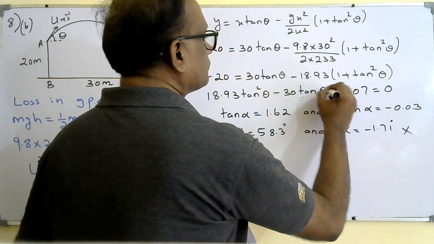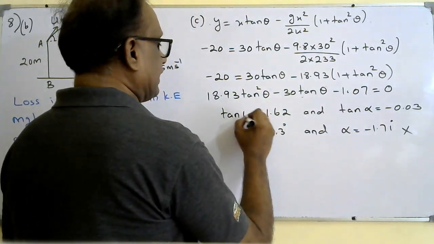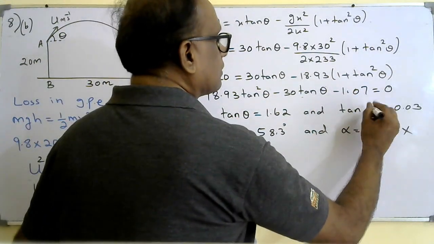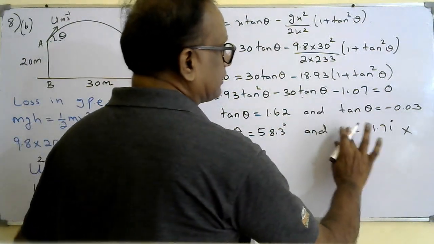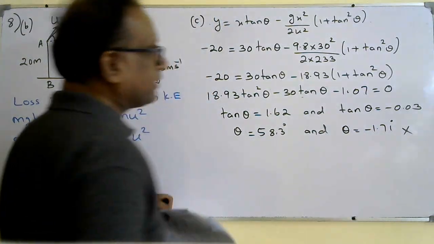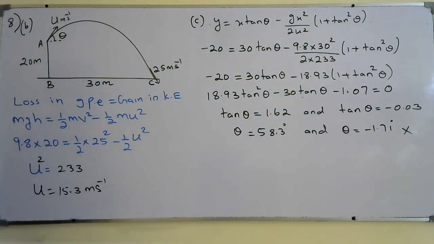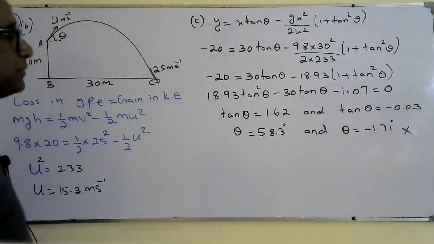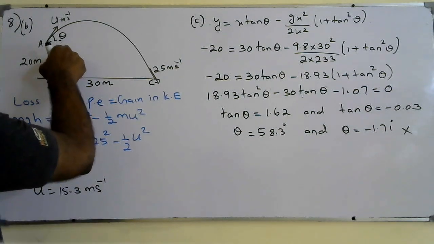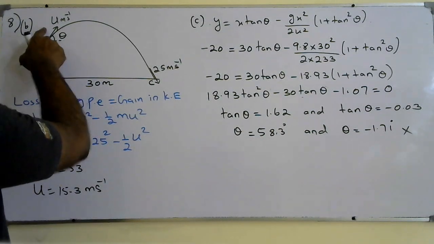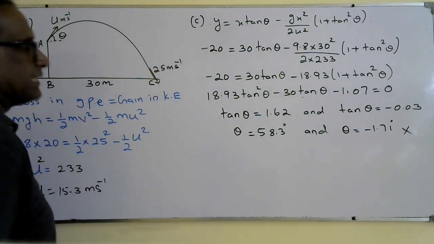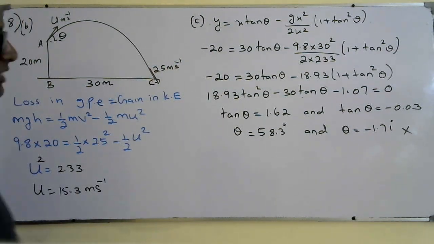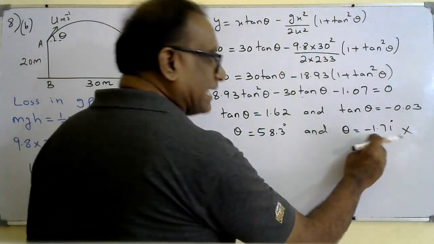So I used the previous equation with the same alpha, but anyway, you have to show it as theta. Alpha has to be replaced by theta because in this question the angle of the velocity with the horizontal line is theta. It doesn't matter. The answer won't go wrong, only the notation I changed. So theta could be either 58.3 degrees or negative 1.7.